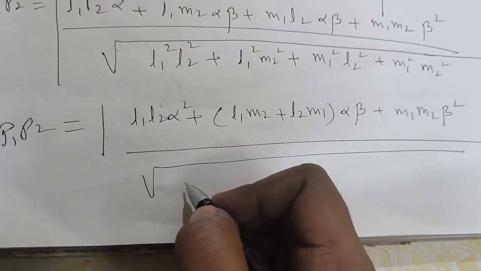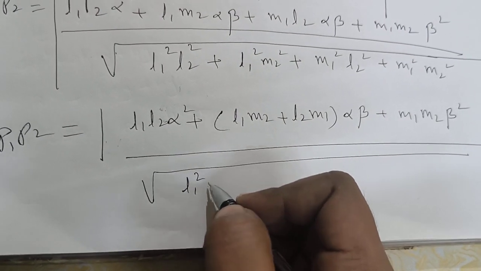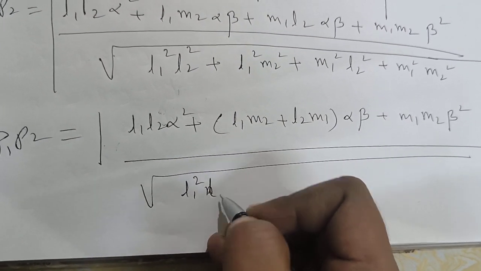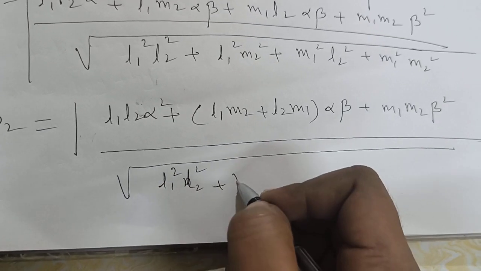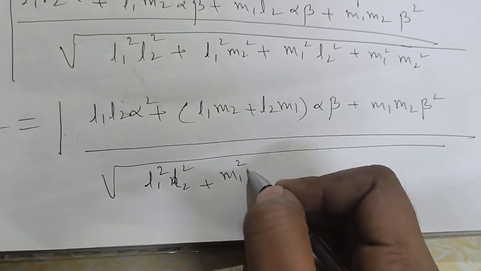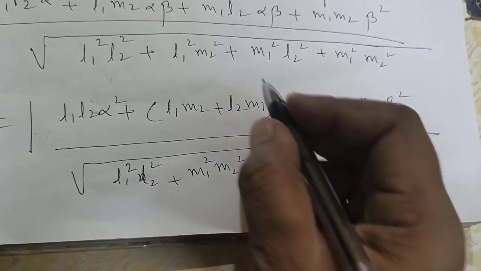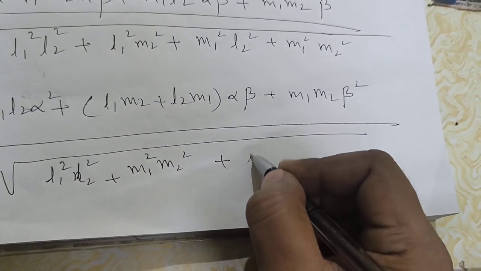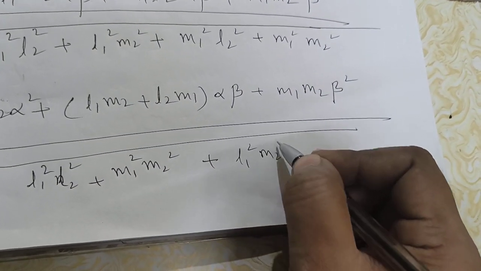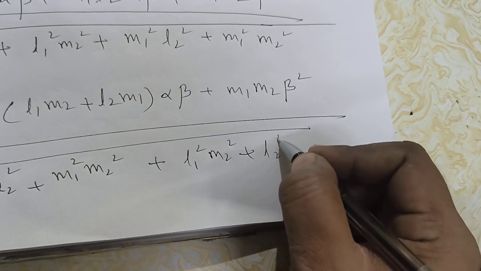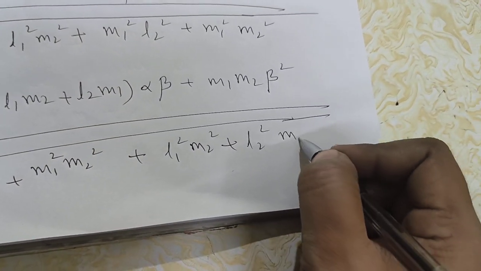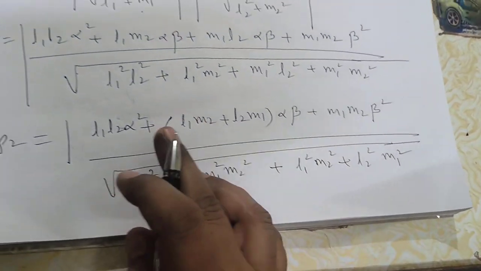What will we write? l1 square l2 square plus m1 square m2 square. Next l1 square m2 square plus l2 square m1 square.